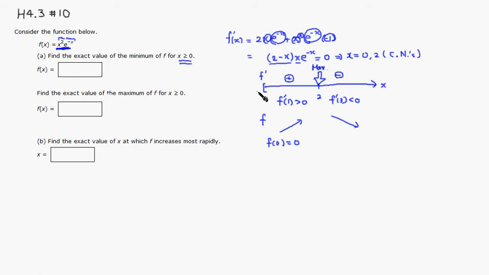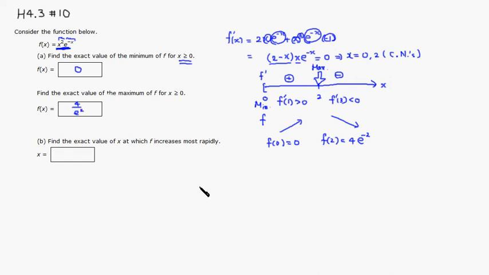So f of 0, which is 0, we put 0 here. Then the maximum value happens at 2, so we find f of 2. 2 squared is 4, and you have e to the negative 2, so you can write it as 4 over e squared.